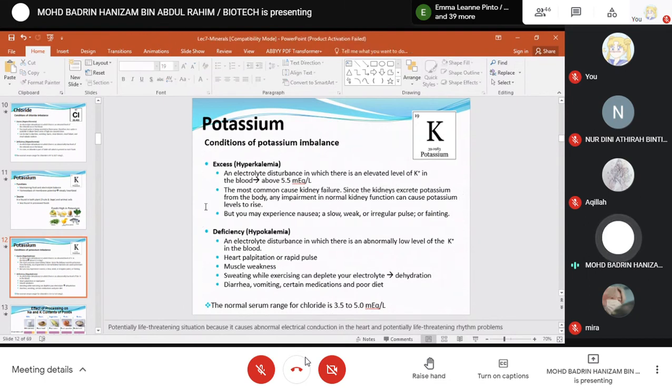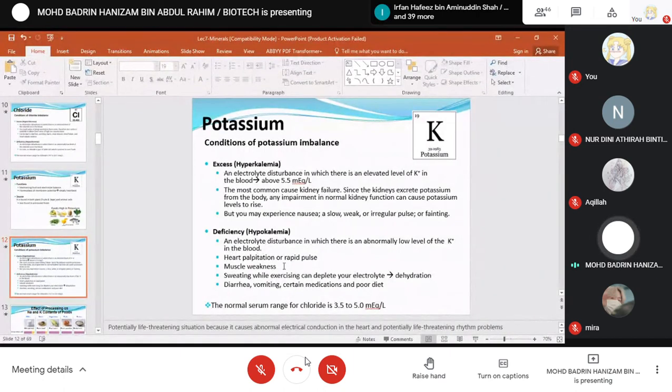So how about the deficiency of potassium? We call it hypokalemia, an electrolyte disturbance in which there is an abnormal level of potassium in the blood. When you have low level of potassium in your blood, because you know that potassium maintains the steady heartbeat, it can cause a heart palpitation or rapid pulse.